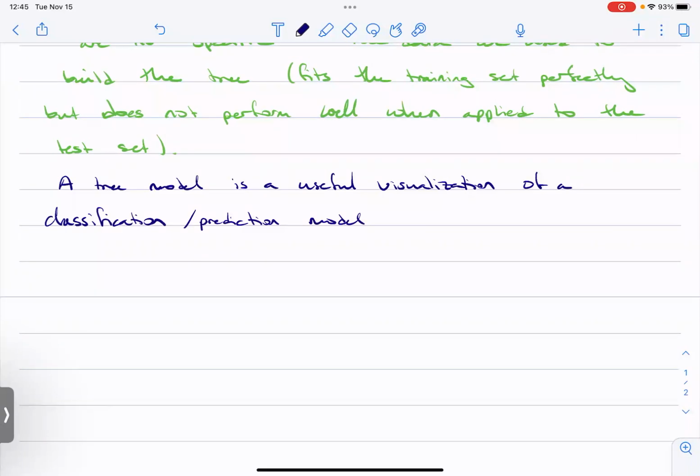That we can use if we're explaining the model to people who are unfamiliar with the data or even data analysis, right? That happens.